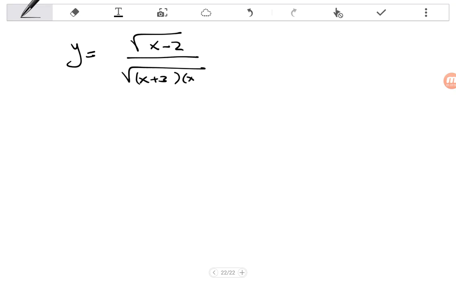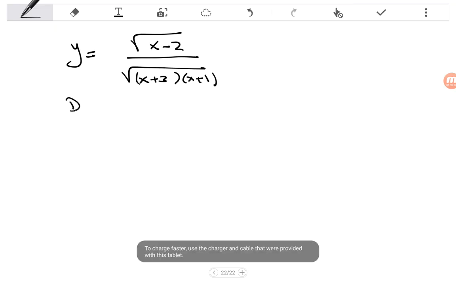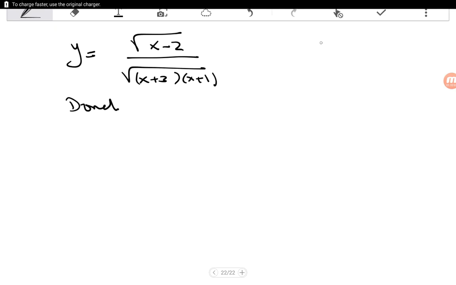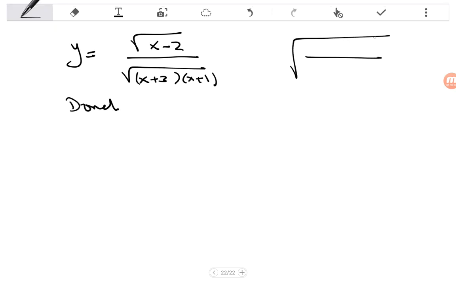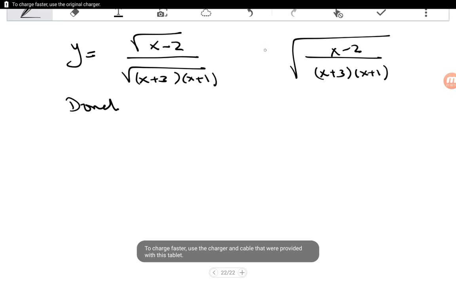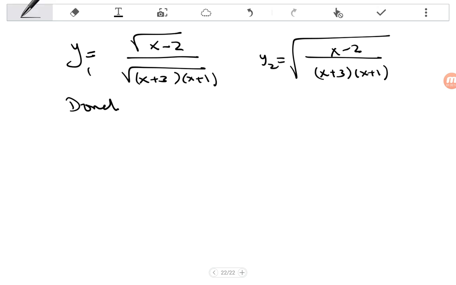I need you at home to find the domain of this expression, and determine the domain of this and the domain of this. Find the domain of these two and find the difference between these two expressions.